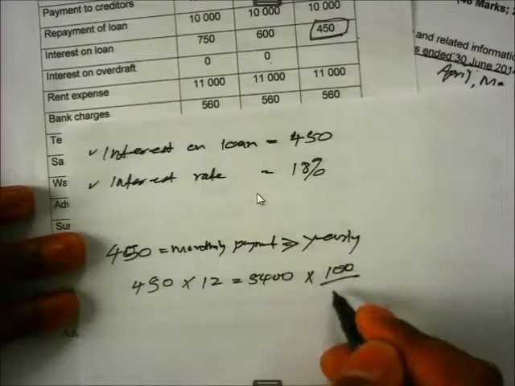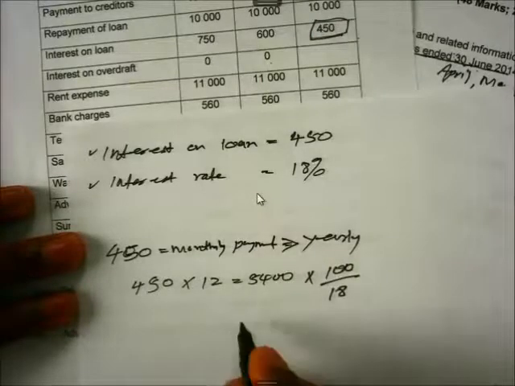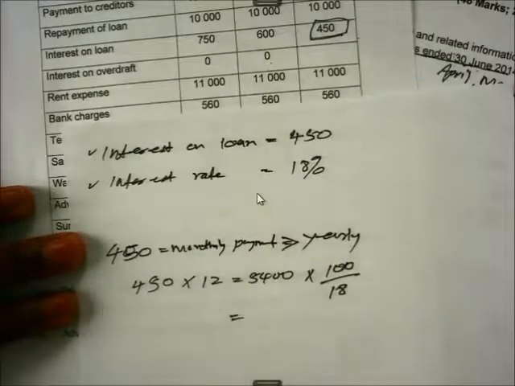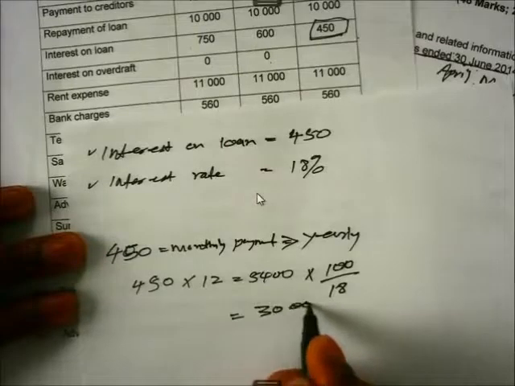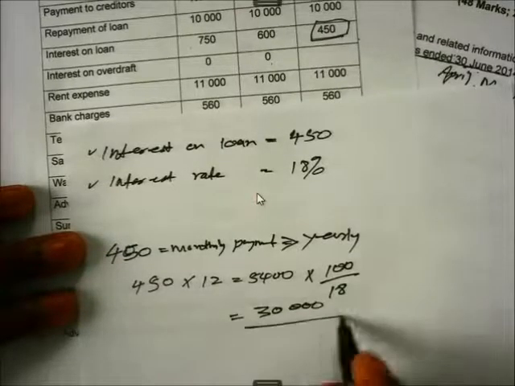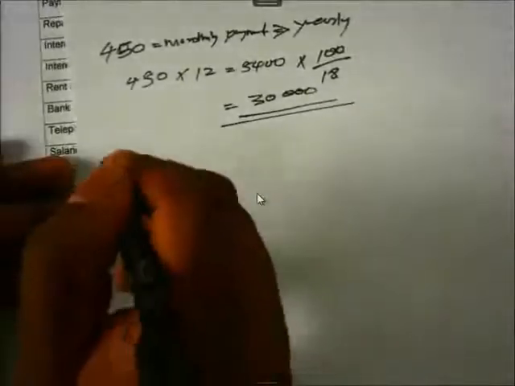Therefore, in order to get the amount that was owed, we multiply by 100 divide by 18. It tells us that the amount that was owed was 30,000 rand.